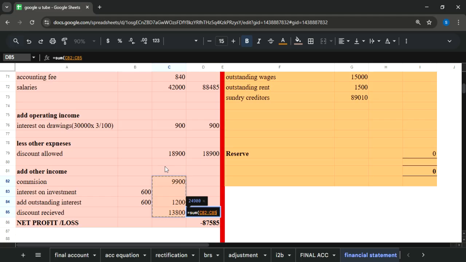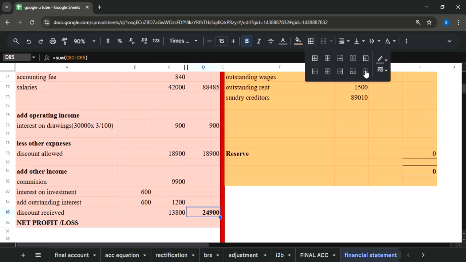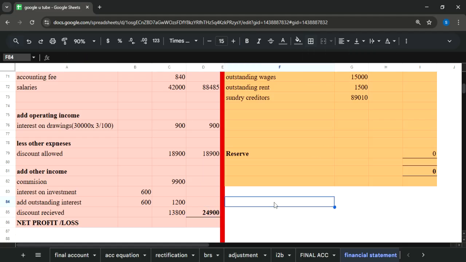So we have got the total as well. Okay, we do not need lines over here. So let's go and end the lines at the calculating procedure, but don't worry about that. You will have to learn it.